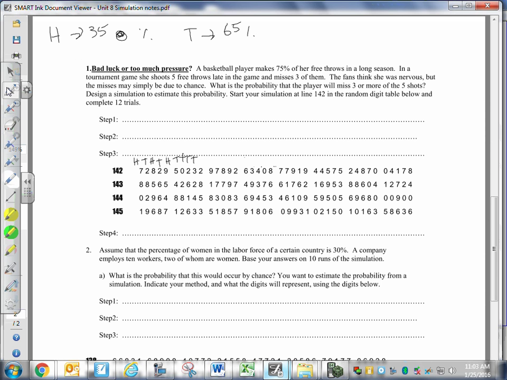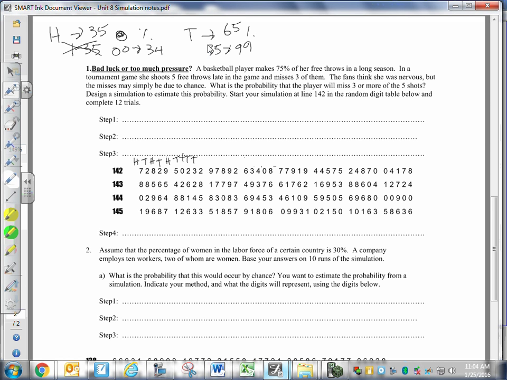So I could use 1 through 35 and then 36 through 100, but then all of a sudden I have a 3-digit number. 00 through 99. Oh, so maybe instead of 1 through 35, I should go 00 to what? 34. Because 00 through 34 would be 35 total numbers, and then 35 through 99, that would be 65 total numbers.